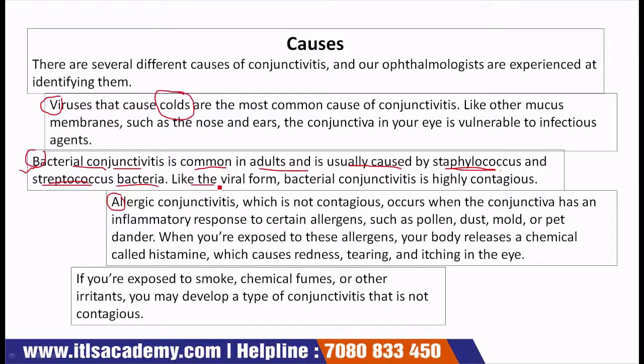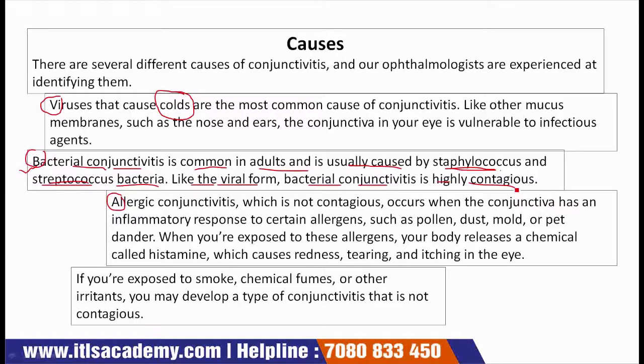So here, like the viral form, bacterial conjunctivitis is highly contagious. Most strains of bacterial conjunctivitis are mild and easily managed, but some strains can lead to serious eye problems if they are not treated right away.